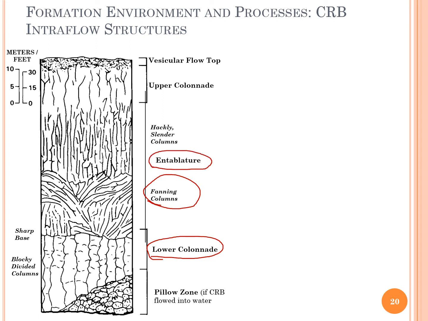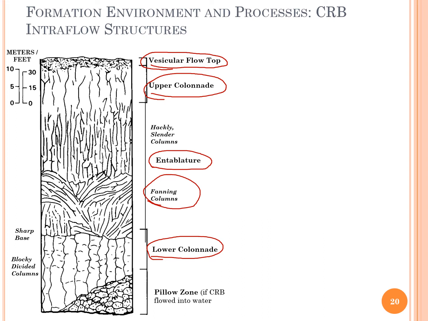As you move into the upper portion of the entablature, there'll be hackly or slender columns, not nearly as distinct as the lower colonnade. And finally, there'll be an upper colonnade, which will have some of the characteristics of these large columns like the lower colonnade, but not be quite as blocky or subdivided. And then, if it's preserved at the very top, there are these vesicles, air pockets from gases bubbling up through the flow and escaping into the open air, at the very top of the flow: the vesicle flow top.